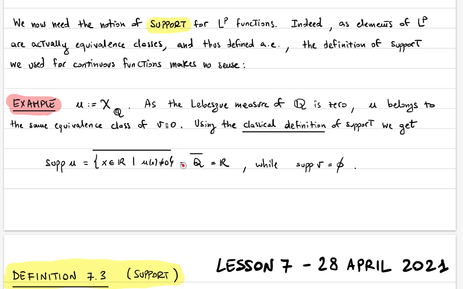And to fix this situation with the supports, we define a new kind of support, which will be independent of the representative we choose in an equivalence class.